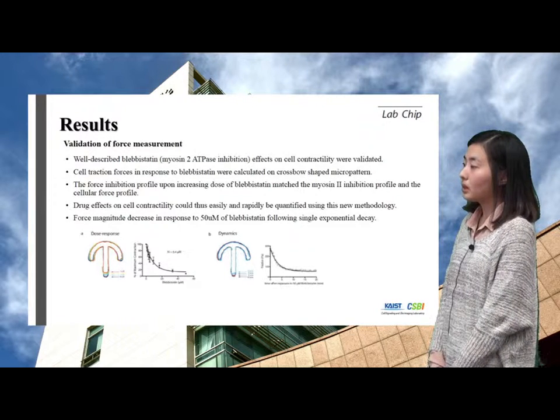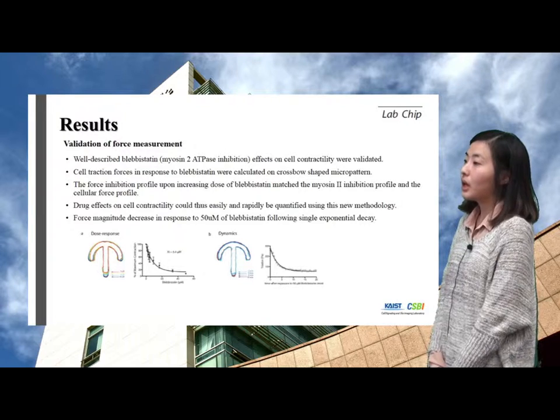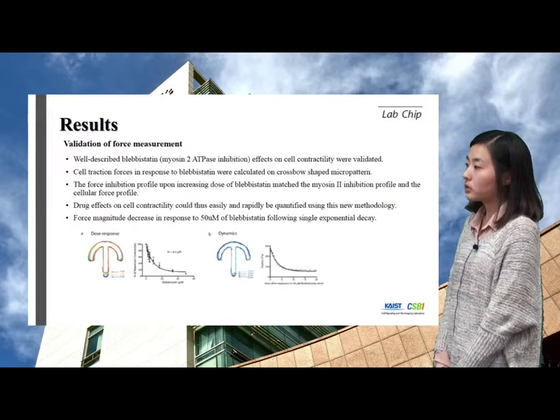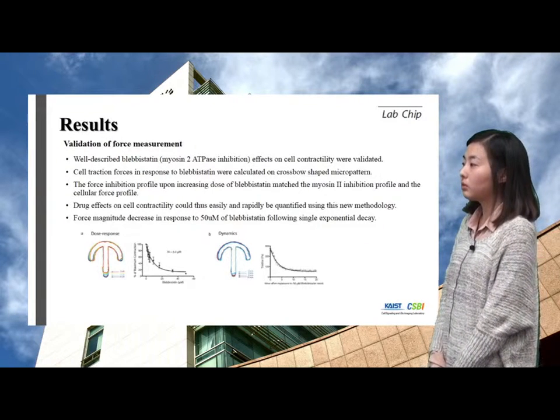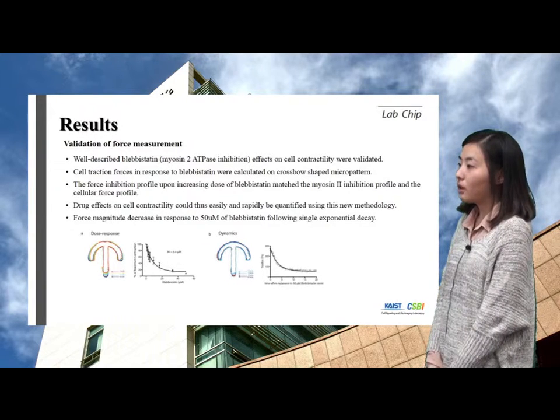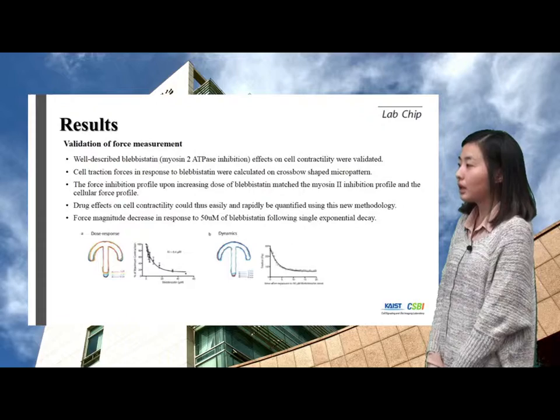Drug effects on cell contractility could thus easily and rapidly be quantified using this new methodology. Also, force magnitude decreased in response to 50 micromolar blebbistatin following a single exponential decay.